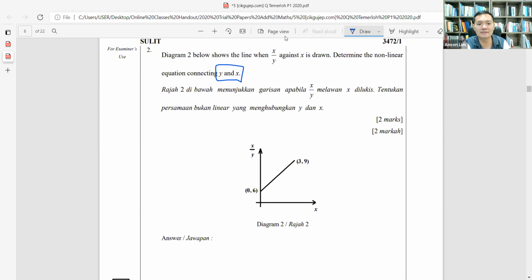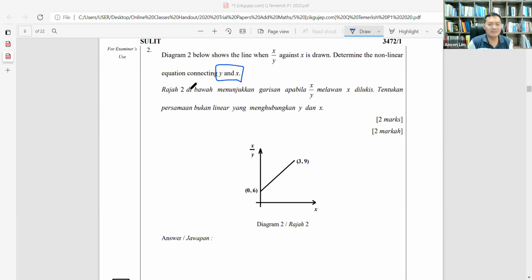Can do or not? They give you the graph, it is already in linear form. So I want you to do it on the spot. Don't wait until next year to do it, okay? Do it now. So Yi Cheng give the answer. Oh, Wei Ping, Xing Yi, Ersa, very good. Well done.